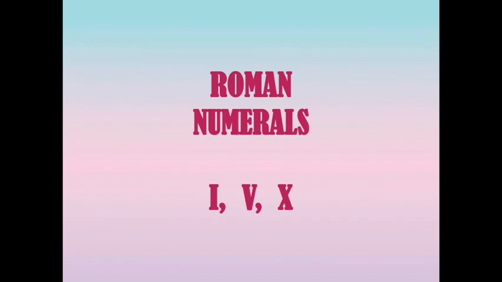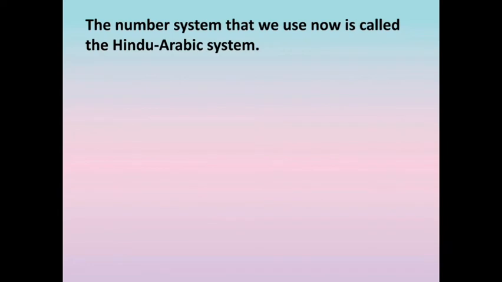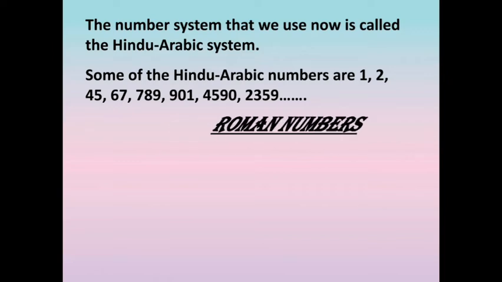Now we will see the next topic, Roman numbers. Now the numbers we are using now are called the Hindu-Arabic system. Hindu-Arabic numerals, that is 1, 2, 45, 67, 789. All the numbers we are using are called Hindu-Arabic numbers.